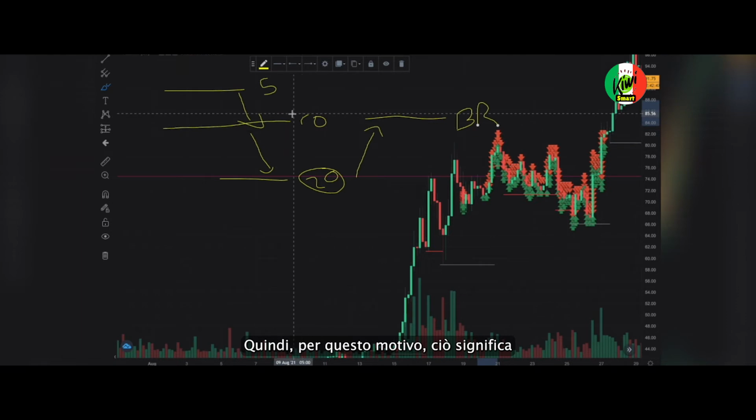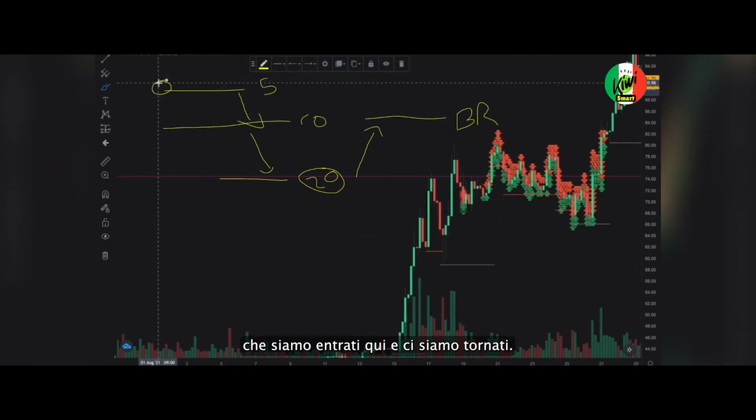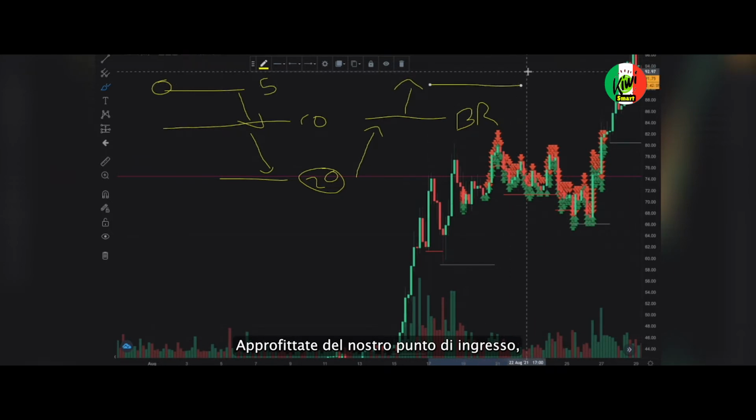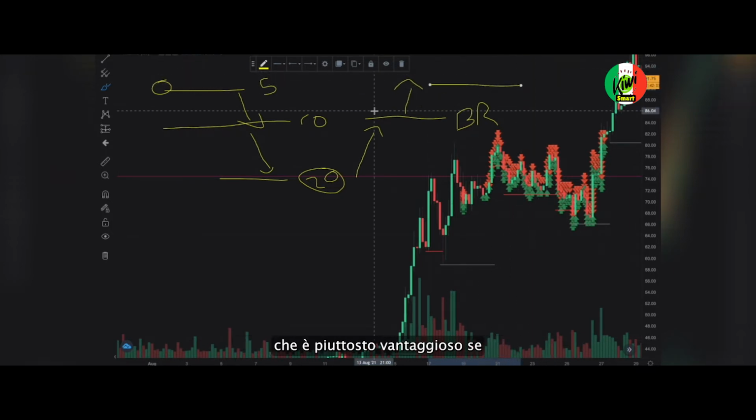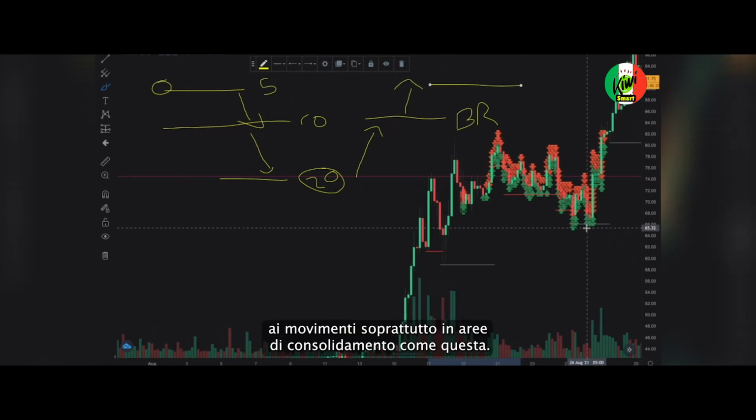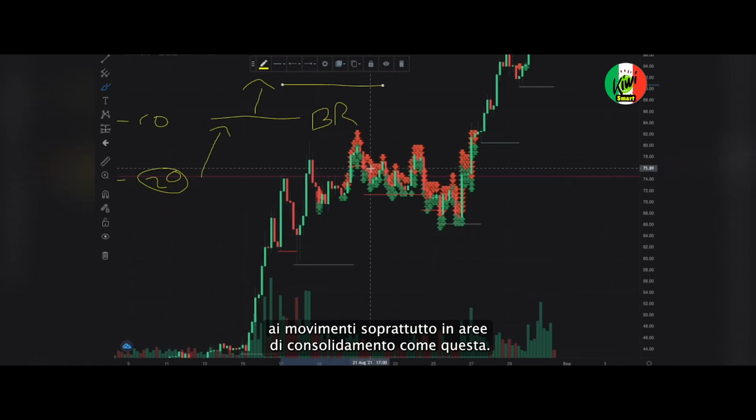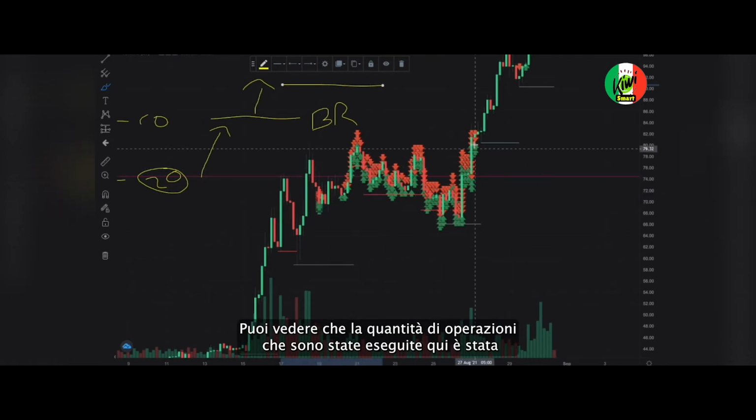So because of this, that means that if we entered up here and we return to it, we can then sell at profit from our entry point, which is quite advantageous when looking at volatile markets and movements in especially consolidation areas such as this.